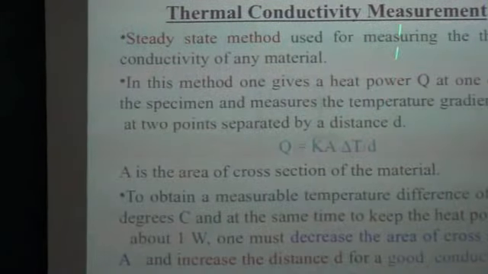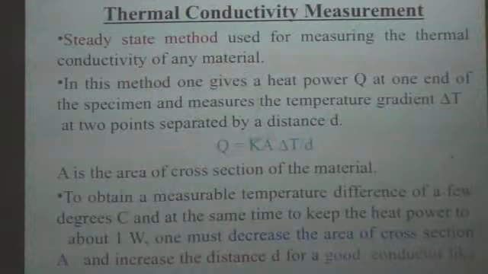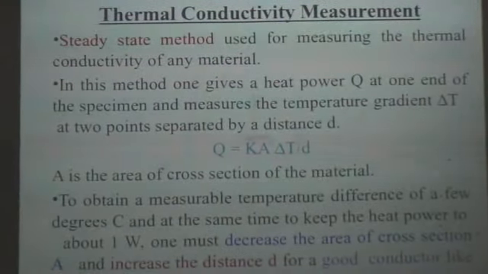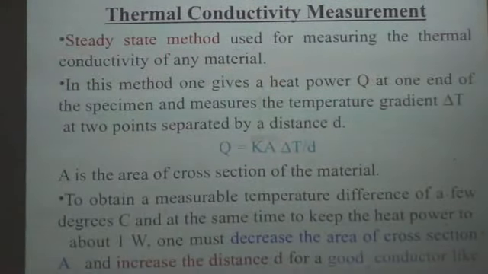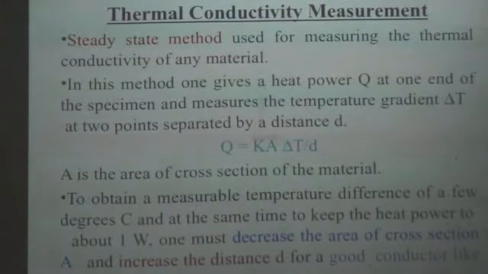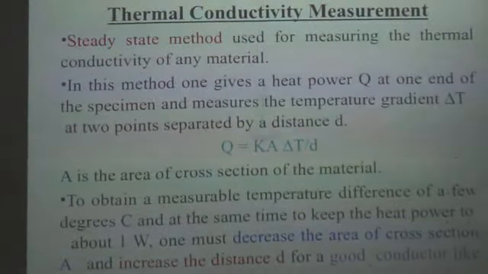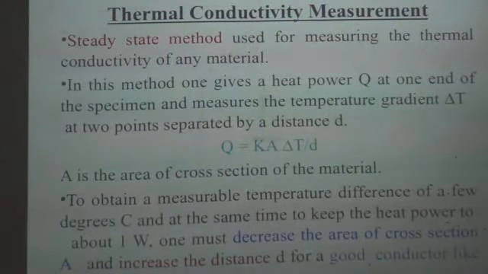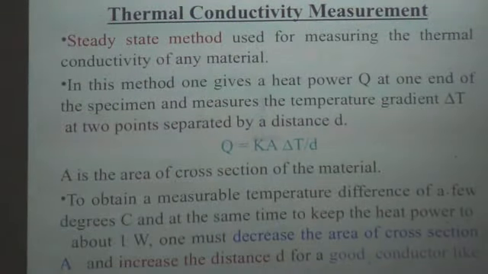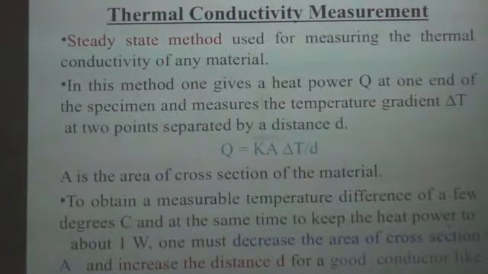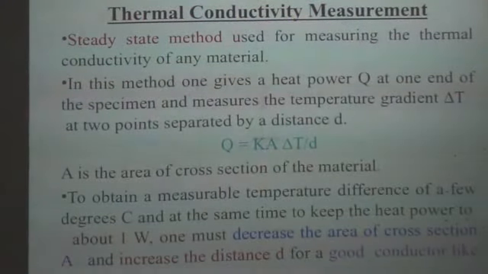We want an appreciable temperature difference between the two points, because we are going to put a copper constantan thermocouple. If the difference between the temperatures is very small, we will have a very small thermo EMF. And even after amplifying it 100 times, we will not have a reasonable value.